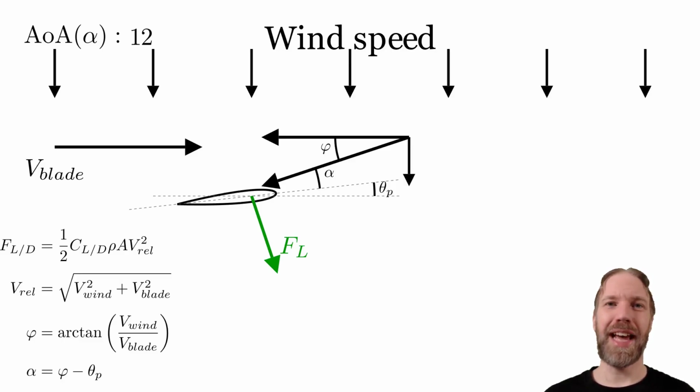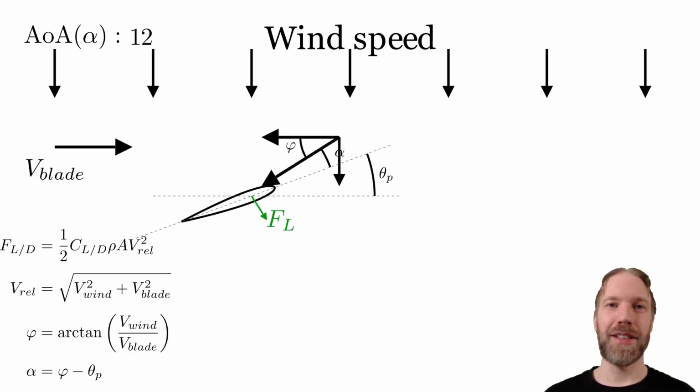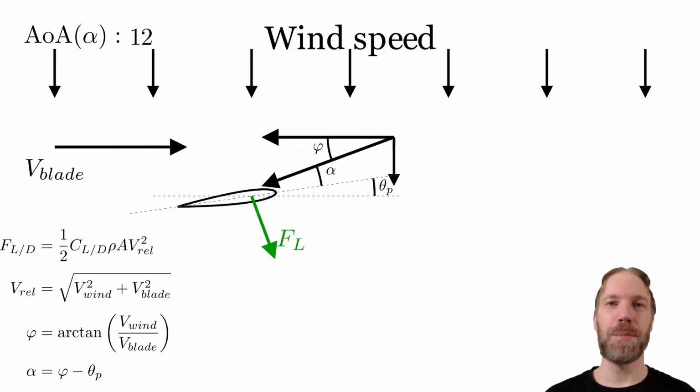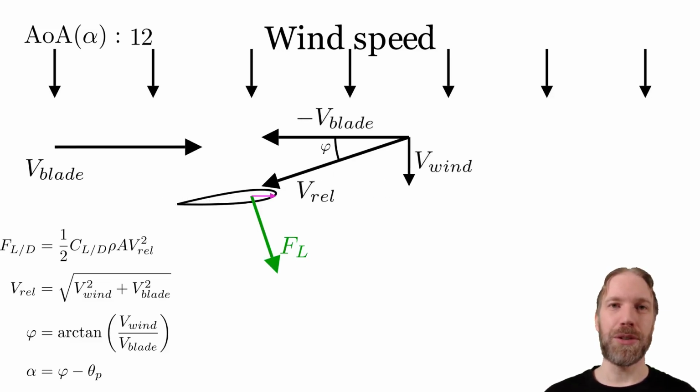To illustrate how the angles change, watch what happens when the blade speed changes. Let us look at the direction of the lift force. We can see that only a small part of this force is currently pointing in the direction of the blade motion.